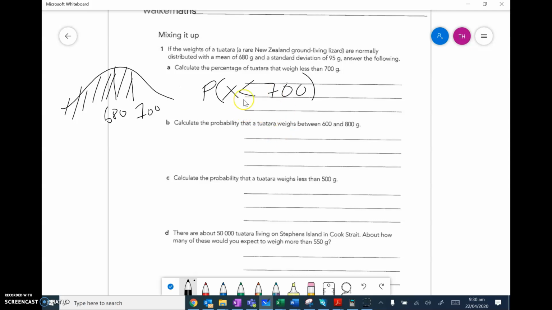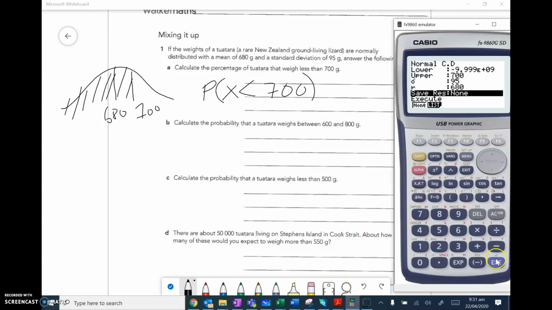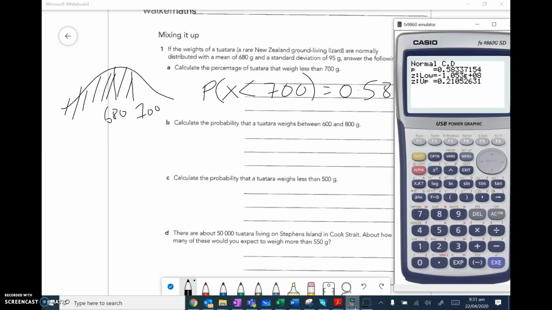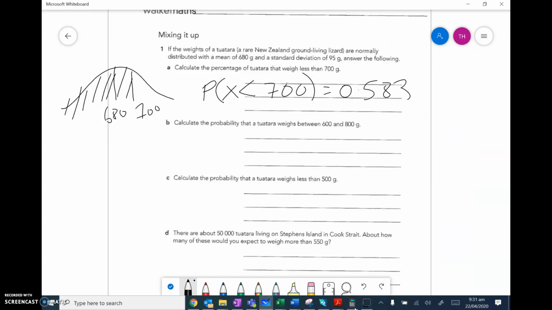We're just saying less than, because 700 and 699.9999999 are the same thing. So do that and I get 0.58. Now I have to be careful because it says calculate the percentage, so I might do an extra decimal place, 0.583. So I'm going to answer it the way it wants, so 58.3%.